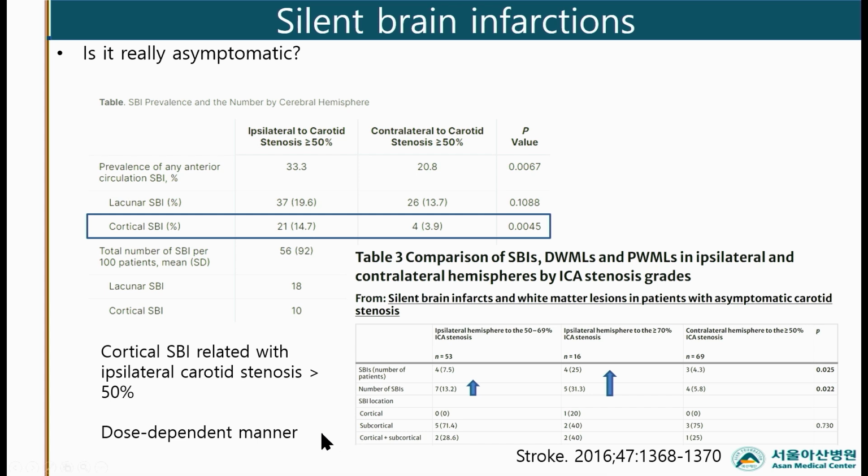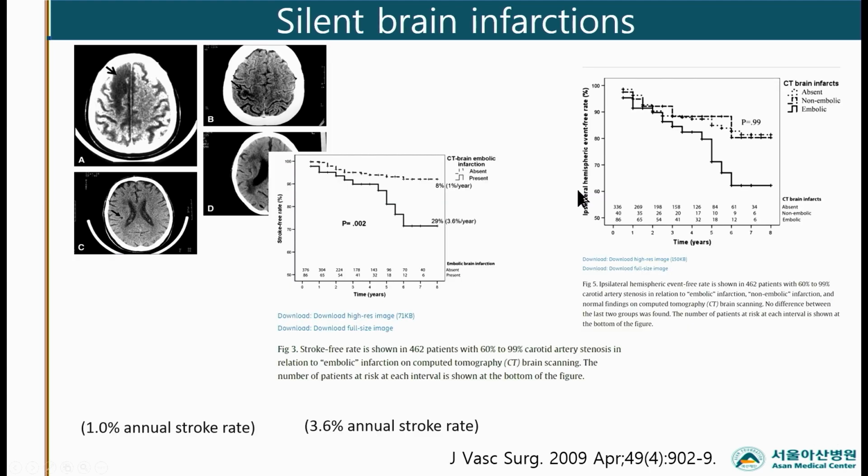You can also see a dose-dependent relationship between the stenosis degree and the number of silent brain infarctions. So if the patient has a more stenotic vessel, the patient may have a higher chance of having a silent brain infarction. If the patient has a silent brain infarction, he may have another stroke in the future.